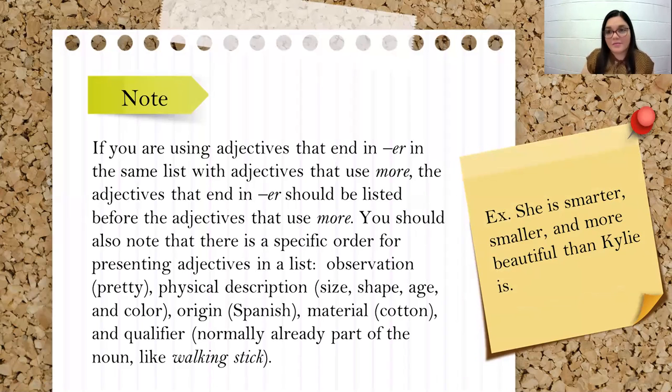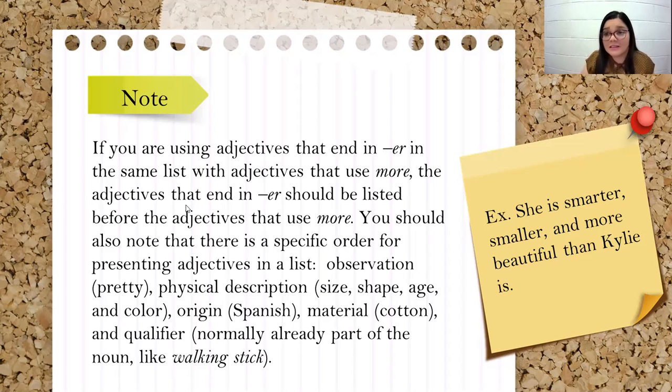And if you don't know, I can make another video where I'm explaining to you the order of adjectives. But here you have a list like observation, pretty, physical description, color, that includes size, shape, age, and color, origin, material, and the qualifiers that you may have.